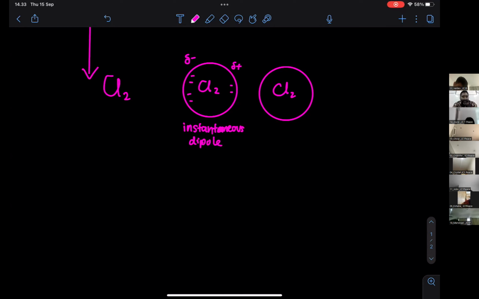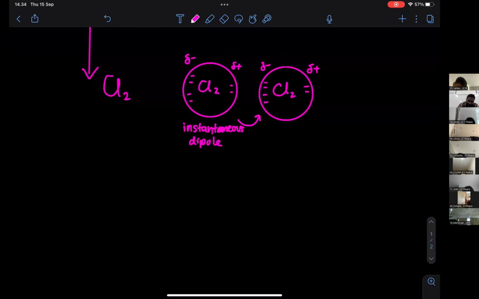And this dipole is going to induce, if you have positive, a lot of electrons will come over here, attracted towards the positive. And you will have fewer electrons over there. This is going to induce another polarity in the next Cl2, making this delta positive.